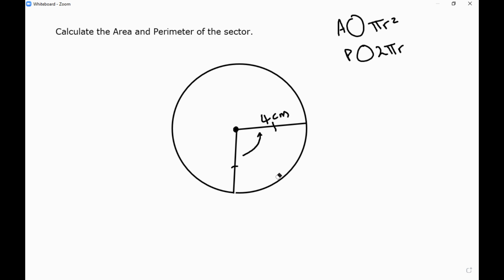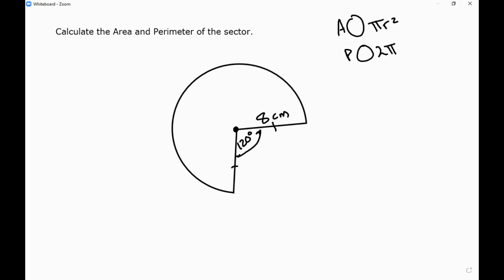Okay, let's change this. Here we go. I'm just going to make this 8 centimeters now, and I'm going to make this angle, watch this carefully, this angle here is now 120 degrees.